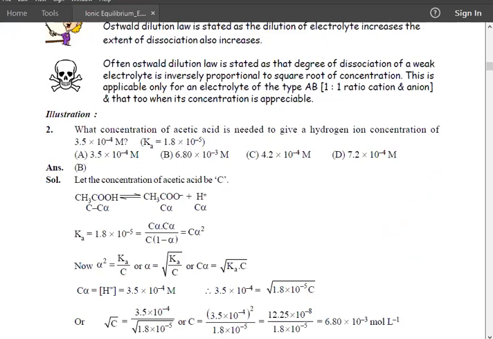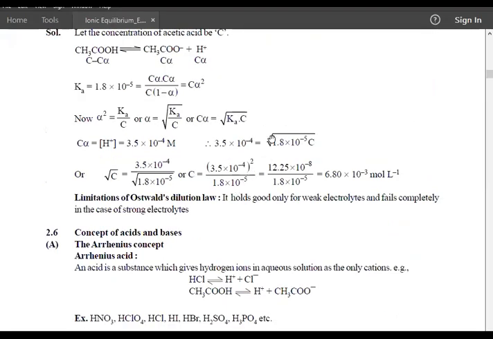I guess all of you understood the basic definition. Now, what is the limitation of Ostwald Dilution Law? It is applicable only for weak electrolytes, when alpha is very, very less than 1. Now, if alpha is not given and we are finding alpha, how can I say that alpha can be neglected?